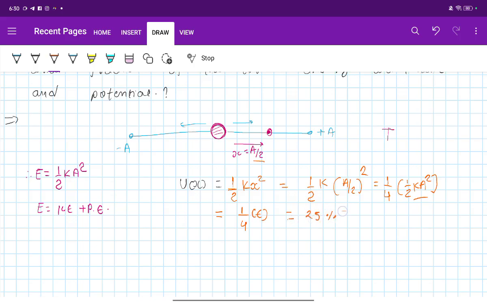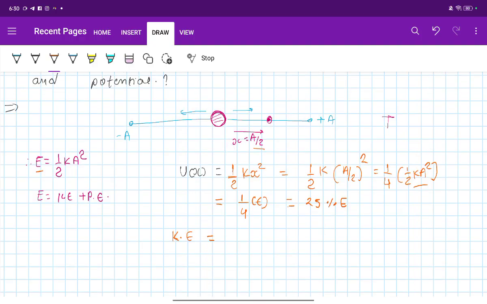Now, if we talk about kinetic energy, the expression for kinetic energy is half mv square, but it is pretty difficult to find the relation between total energy and kinetic energy from that. So instead, we can find the kinetic energy by subtracting the potential energy from the total energy.